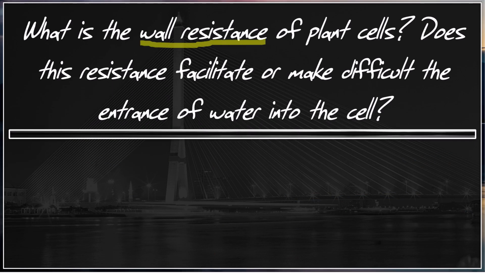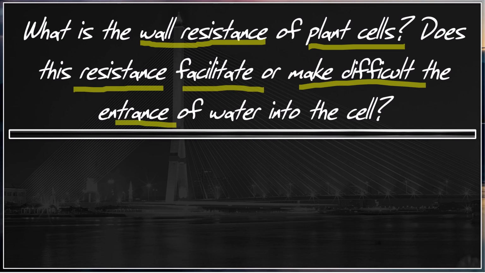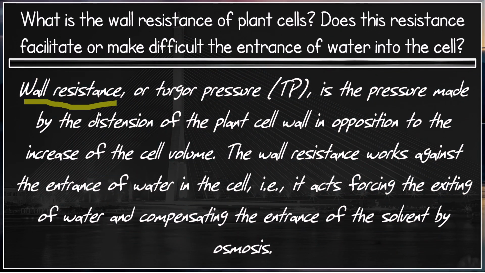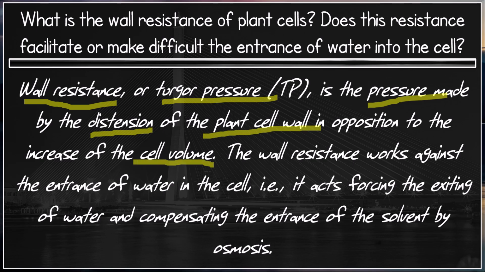What is the wall resistance of the plant cell? Does this resistance facilitate or make difficult the entrance of water into the cell? Wall resistance, or turgor pressure, TP, is the pressure made by the distension of the plant cell wall in opposition to the increase of the cell volume.